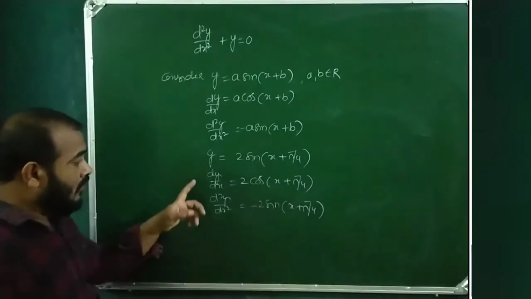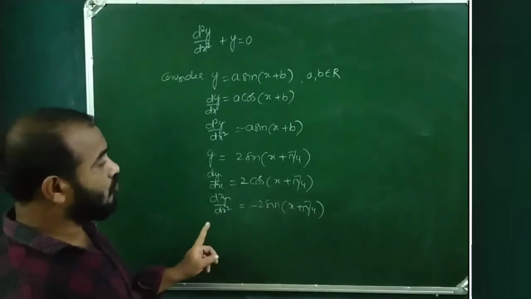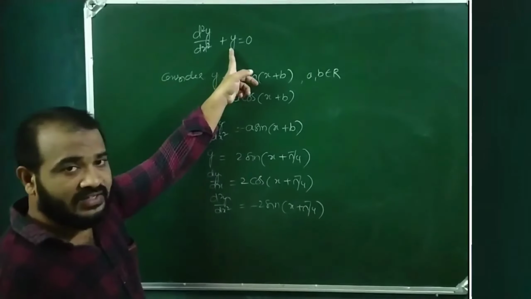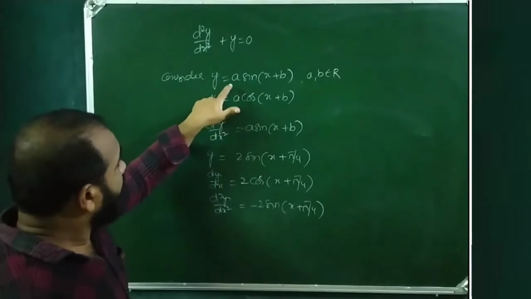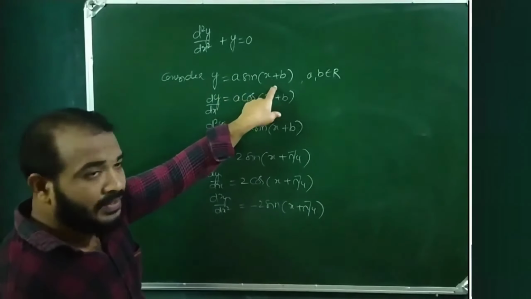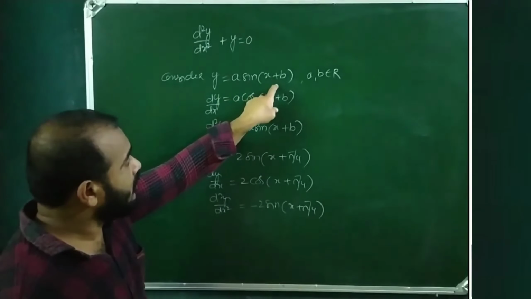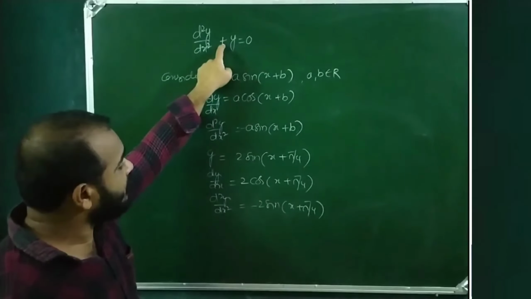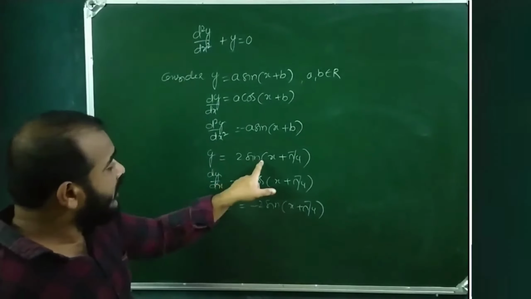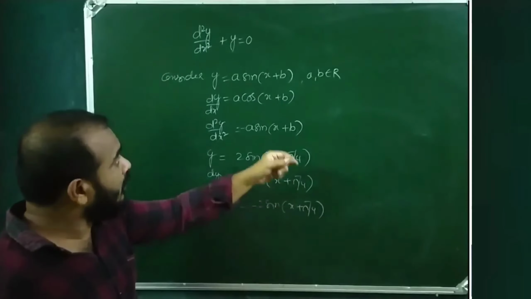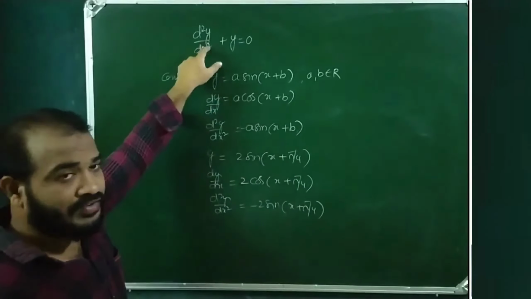Now substitute y, dy by dx, d square y by dx square back in the given equation. Here also it is satisfied. Therefore, a sine x plus b is said to be a solution of this differential equation, and 2 sine of x plus pi by 4 is also a solution of this differential equation.